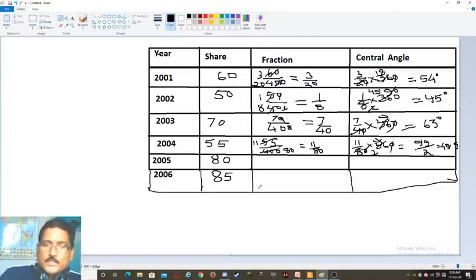Now 80 upon 400, so one zero cut, 5 8s are 40, that is 1 by 5. 1 by 5 into 360 degree.